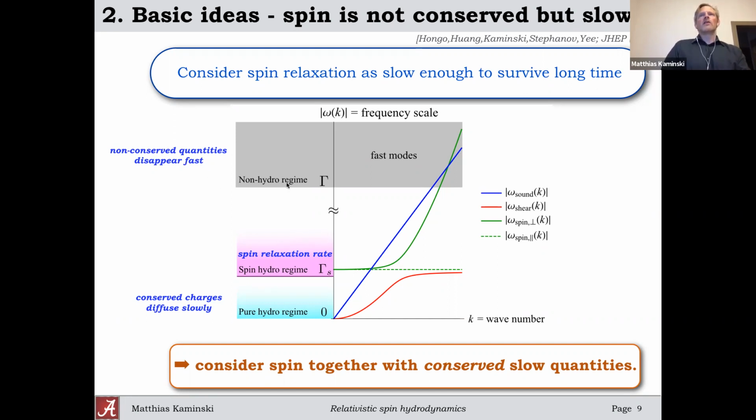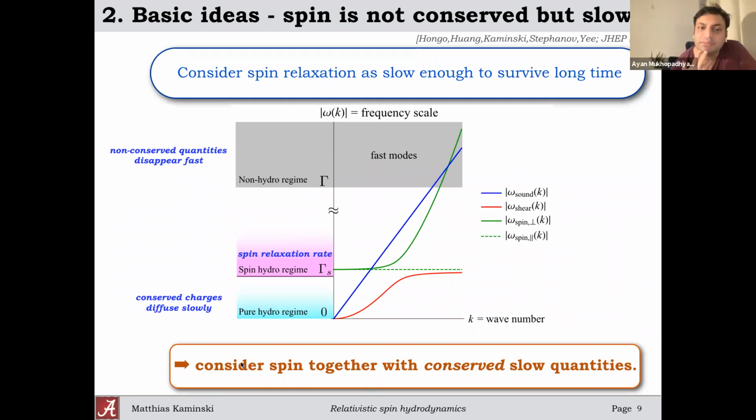Then all these other modes that are fast modes, that have a fast decay, they are other non-conserved quantities besides spin, and they disappear fast. That's why they're not part of our spin hydrodynamic description. But in the regimes that we're interested in, spin survives long enough so that we have to take it into account in the hydrodynamic description. That's the idea.